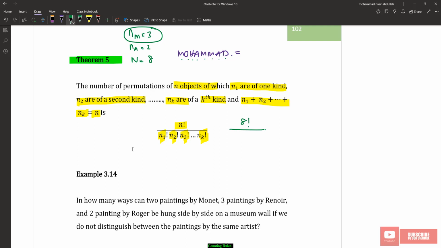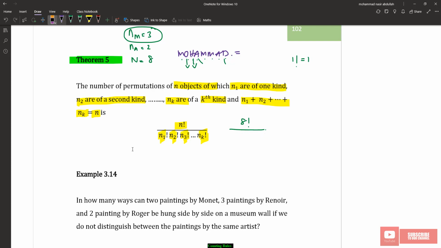Basically, 3 factorial for M. O we have 1, so 1 factorial. H we also have 1 factorial. A we have 2 factorial. M already done, A also done. D we have 1 factorial. And remember 1 factorial is equal to 1, so we do not need to write down 1 factorial.